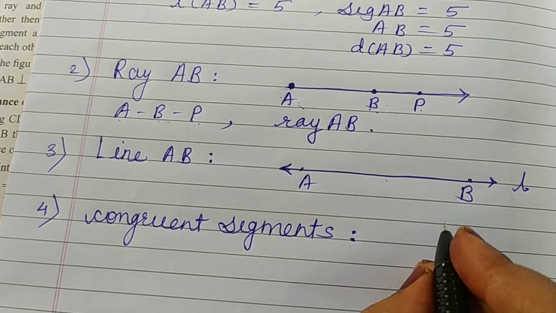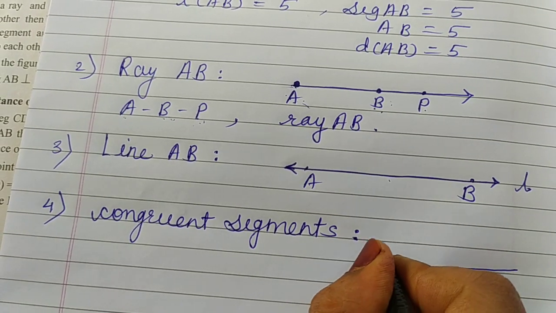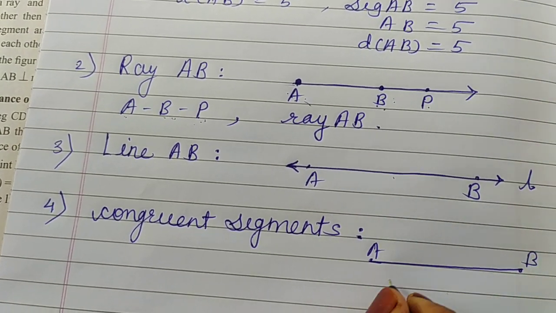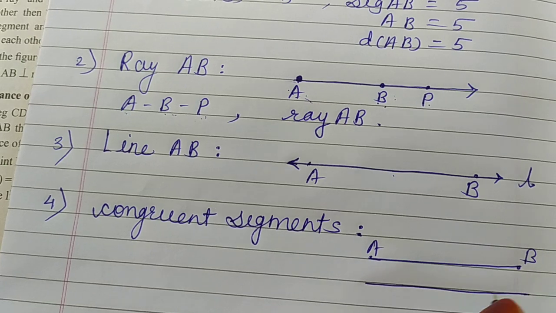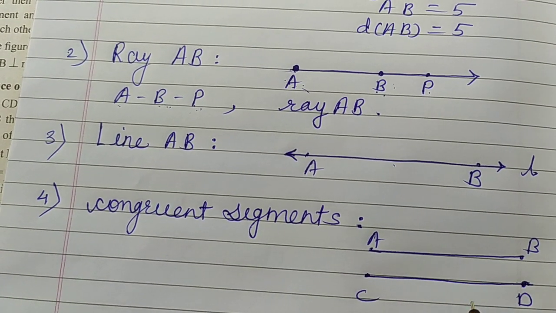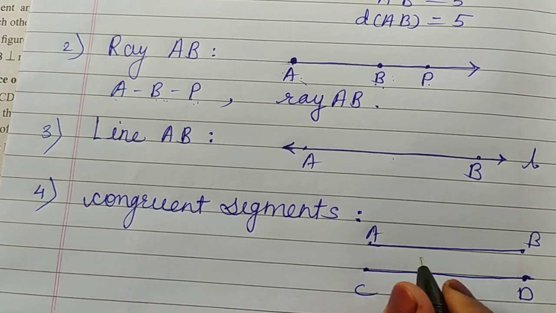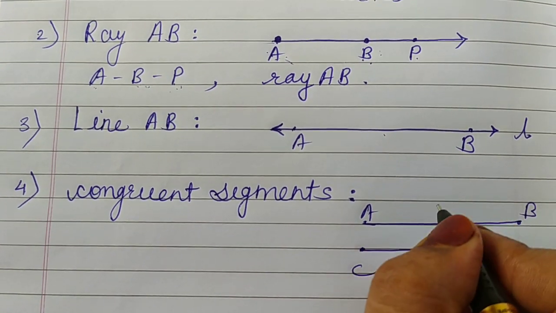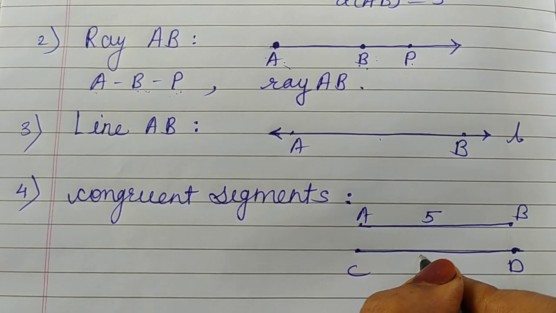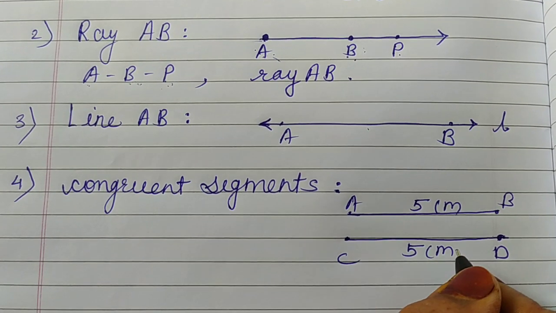So if I have a segment AB and another segment CD, these both are equal. When can we say both are equal? When their distance is equal or their length is equal. If I write AB is 5 centimeter and CD is also 5 centimeter, then both are equal or congruent.